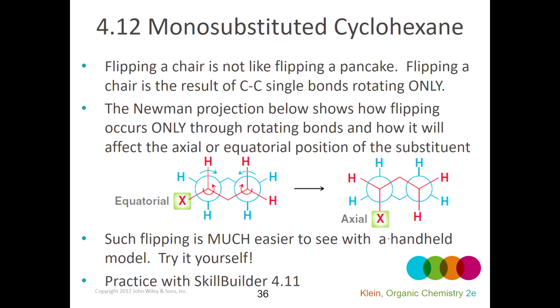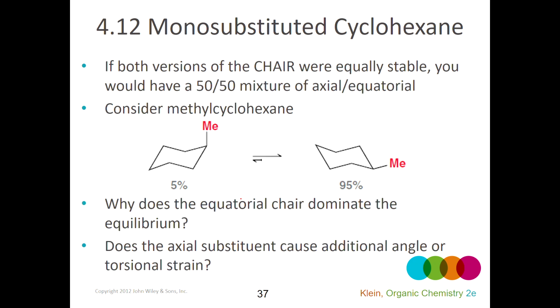Probably easier to see with a model than looking at these Newman projections, so I usually don't spend a lot of time on those. I'm not gonna ask you to draw probably a Newman projection for a cyclohexane.